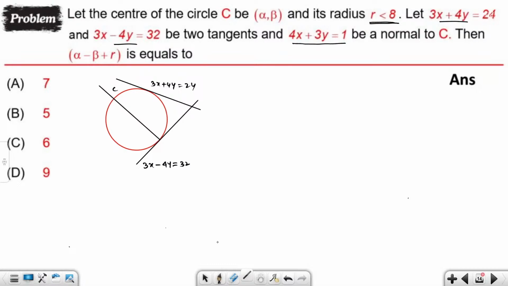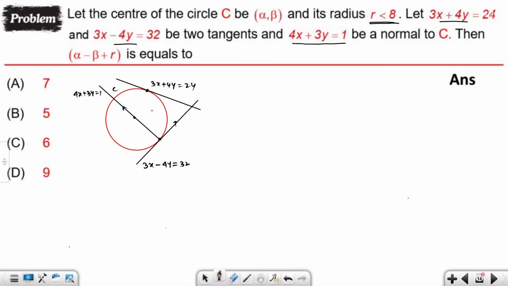Am I correct? And the equation of this normal is 4x plus 3y equals to 1. And we can easily see that this will be the normal to this point of contact other than this point of contact. Why? Because this line and this line are perpendicular to each other. Getting my point? Normal is always perpendicular to the tangent at the point of contact, right?